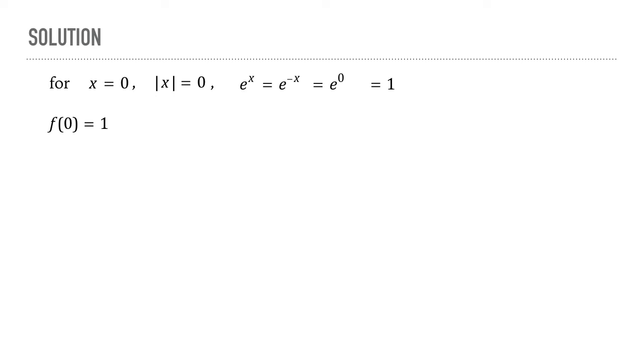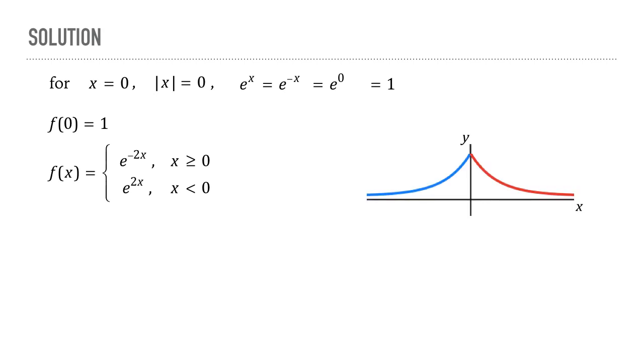Now considering all these cases, we can redefine and write down the function in this form. Now it's very easy also to draw the graph of this function, and the graph looks like this. So the red portion is e to the power minus 2x and the blue is e to the power 2x.